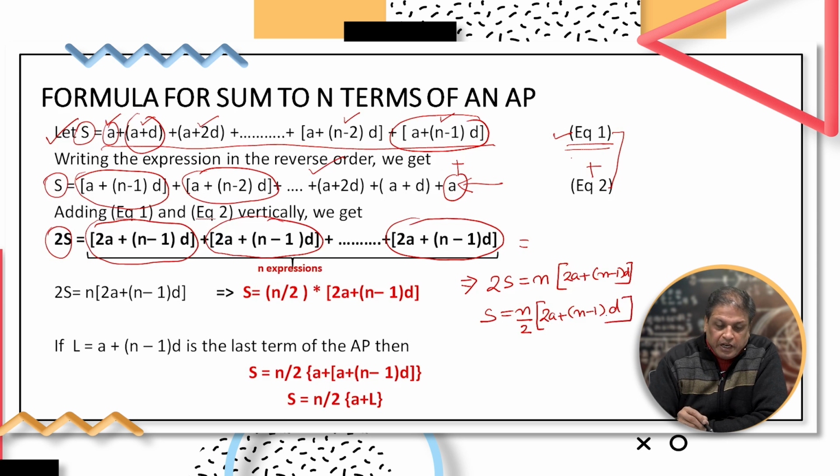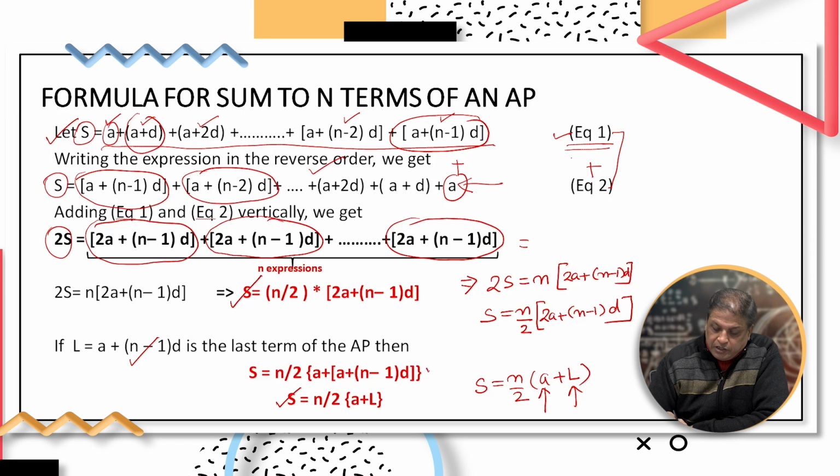So, this will be the expression for the sum of n terms of an AP. If the last term is a plus (n minus 1) into d of the AP, then the sum can be expressed as S equal to n by 2 into (a plus l), where a is the first term of the AP and l is the last term of the AP.